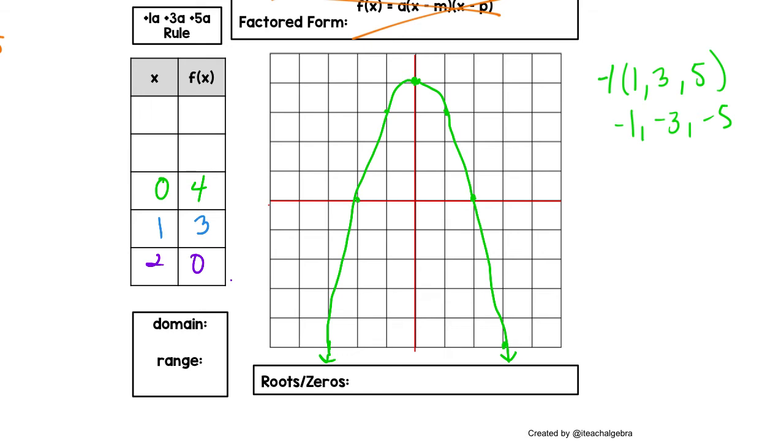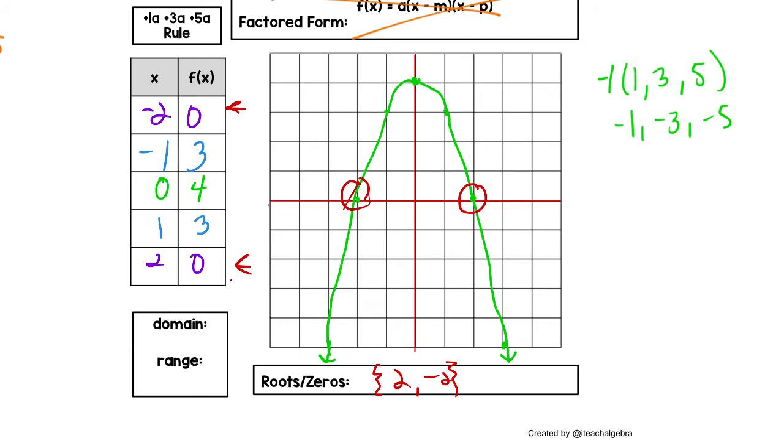And then to the left, it'll be negative 1, positive 3, and then negative 2, 0. Our root, our 0, where these cross the x-axis is right here. So that'll be when y is 0, these two places. So that'll be 2 and negative 2.